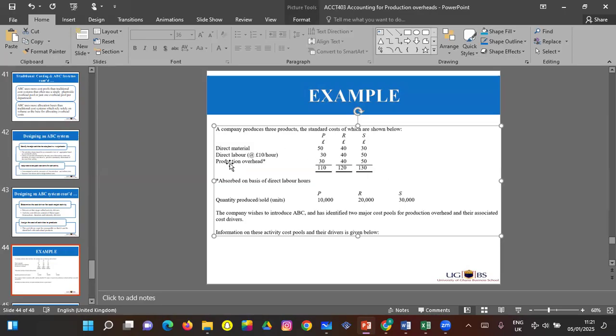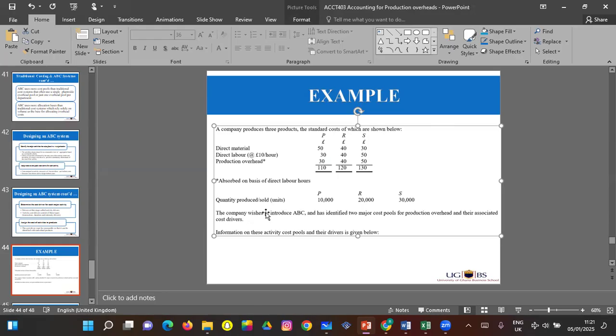The production overhead was on the basis of direct labor hours, so that's why they had the same 30, 40, and 50 for them. Now let's move on to the ABC system, which has a different rate. Here is the quantity produced or sold: 10,000 units for product P, 20,000 for product R, and 30,000 for product S.